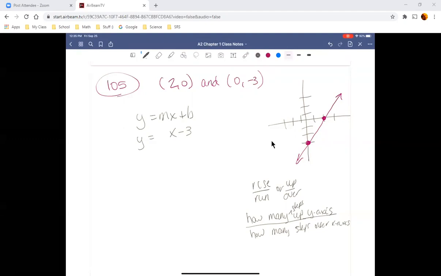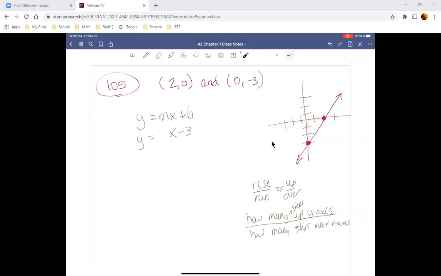Do I always have to go off of my y-axis? No, you can start from any point, like from that point, you're right, yep.